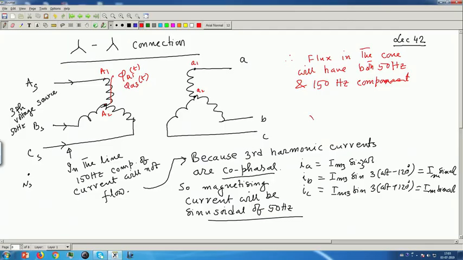Induced voltage, mind you, RMS value is equal to root 2 pi f phi max fundamental into N1 due to fundamental component, and due to third harmonic component the RMS voltage will be root 2 pi 3f, mind you this factor will come here, phi max of third harmonic component into N1. Both these voltages will be present. This is of frequency 3f, that is what I am telling.